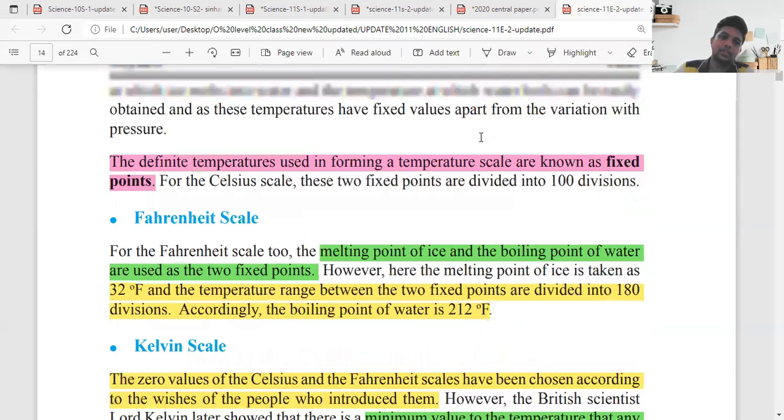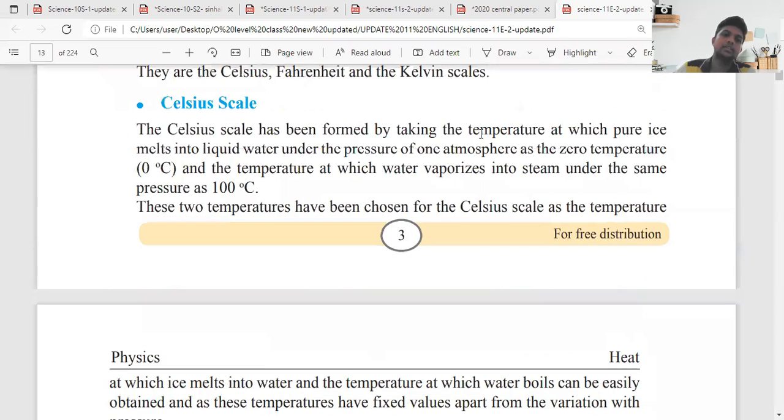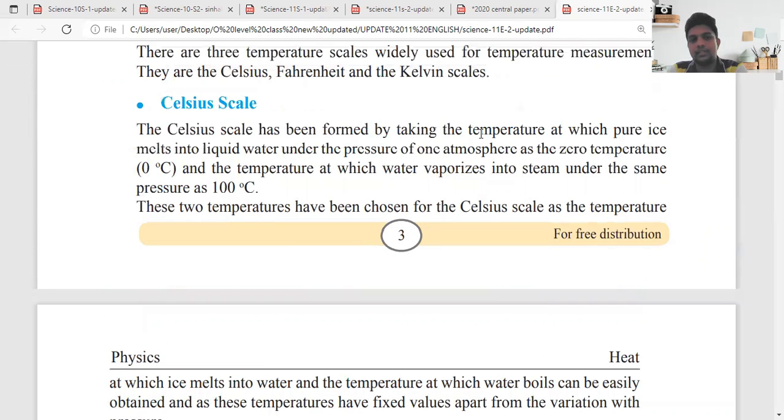Write the first topic: Celsius scale. No need to memorize definitions by heart, because they won't ask any definitions.